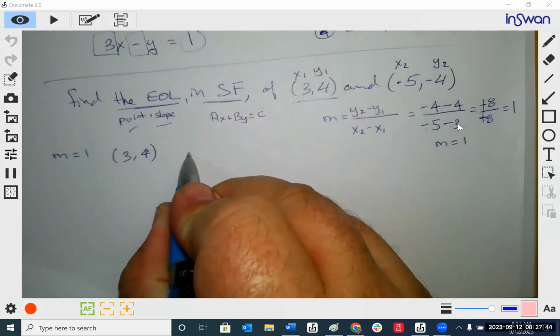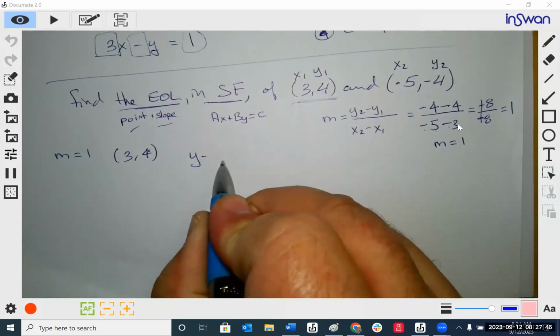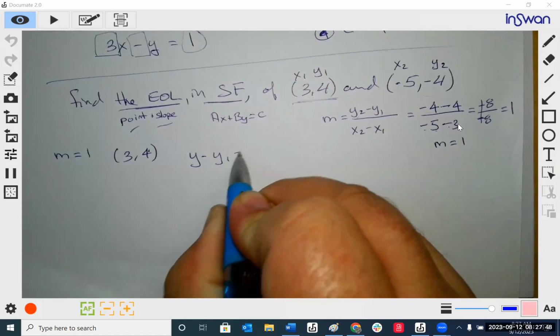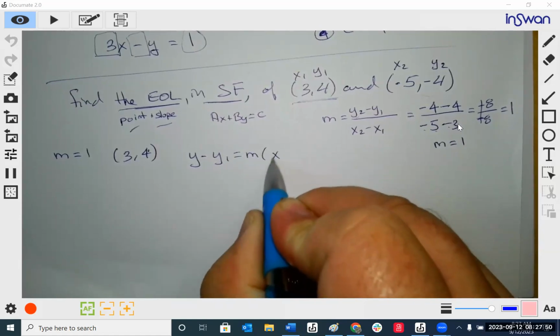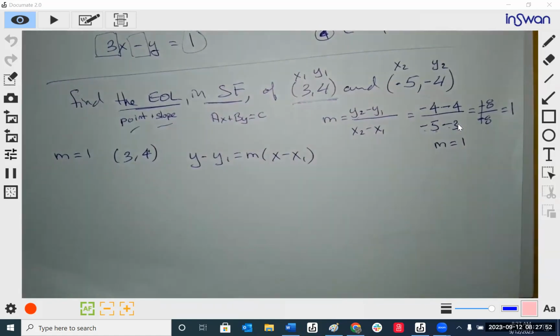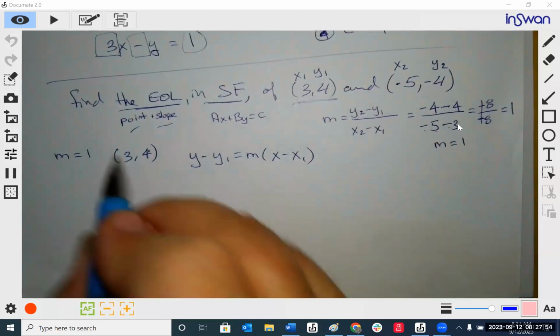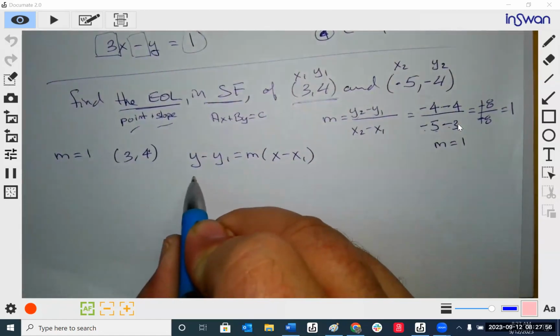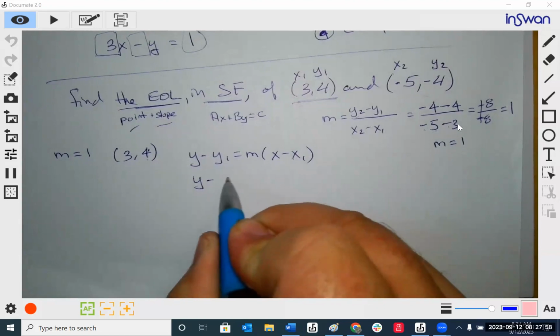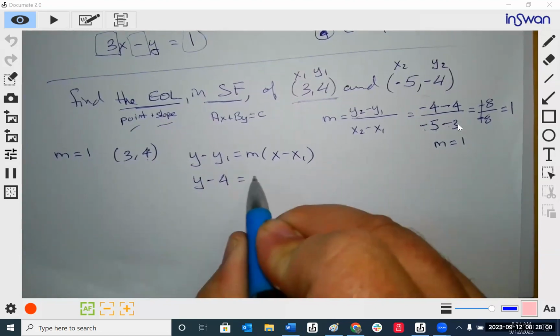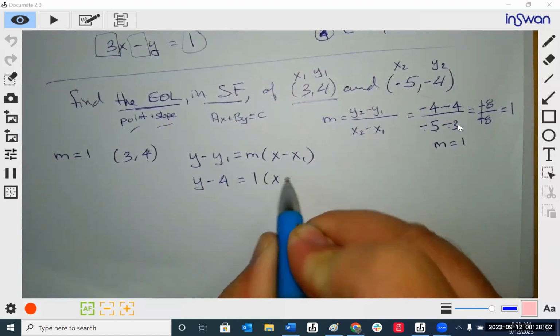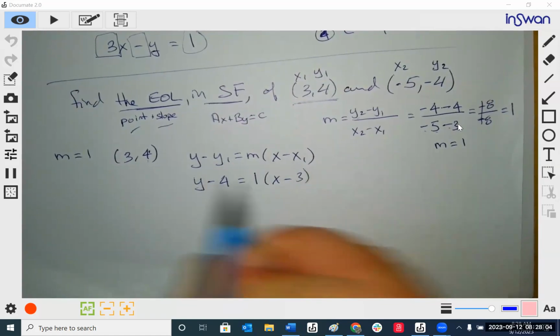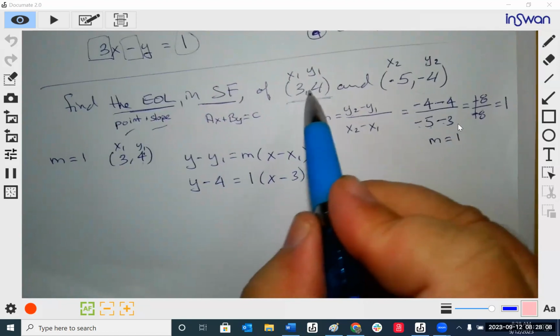What does the point slope form look like? So we have y minus 4 equals 1 times x minus 3. This is my x1, this is my y1. It was even labeled that way up here.